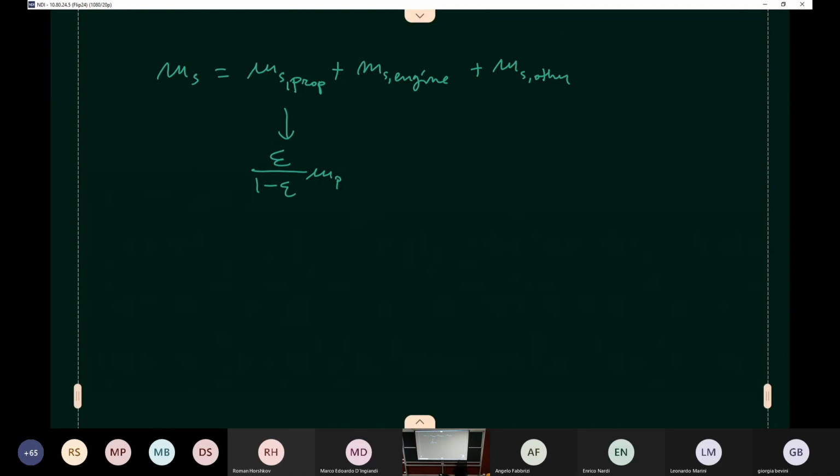We can make also a reasoning about this second term, which is the mass of the engine. Probably this will scale with the thrust level. The larger the thrust, the larger will be the size of the engine for a given kind of engine, with given specific impulse, if we are making the comparison at the same performance level.